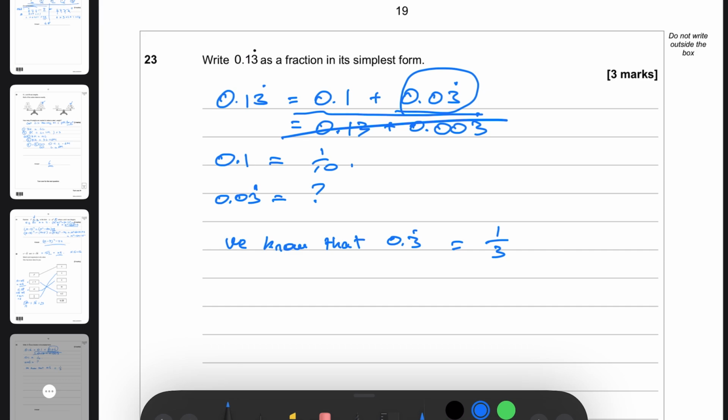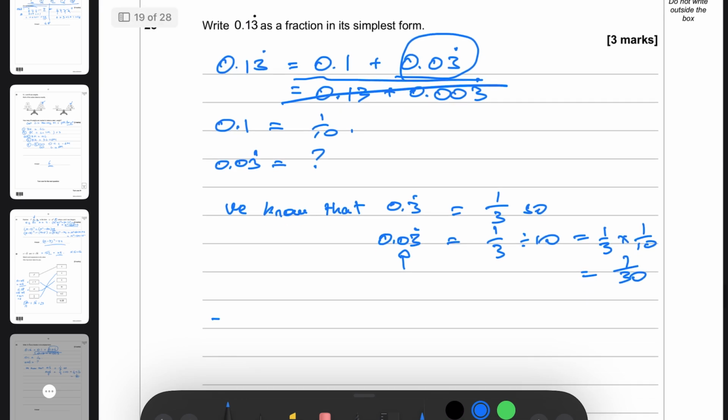So 0.03 recurring, what's that going to be? It's actually a third divided by 10, right? It's a third with an extra 0 here. So a third divided by 10 is a third times 1/10, which is equal to 1 over 30.